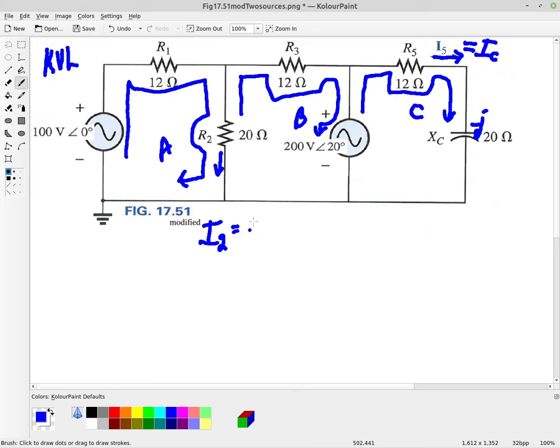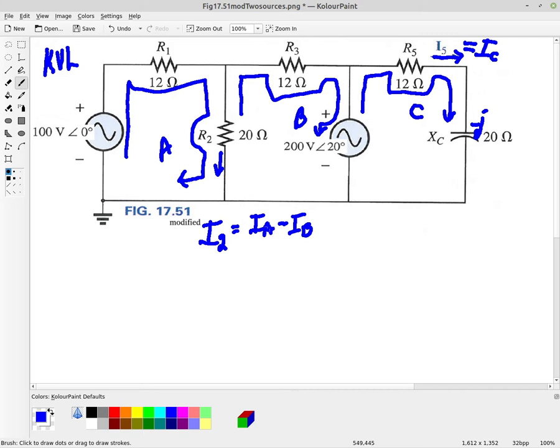And so that's going to be IA, which is also defined as going down through R2, minus IB. So that's why I like to use A's and B's for my loops, to keep them separate.